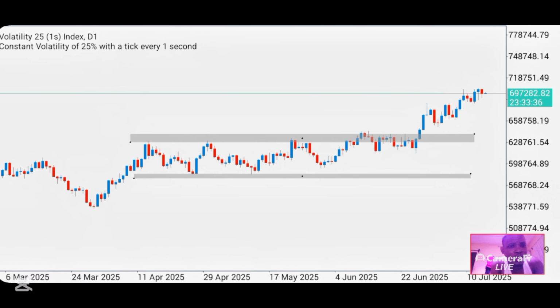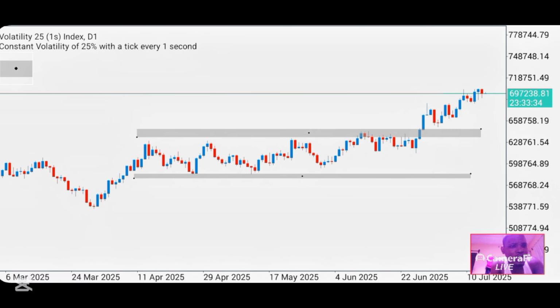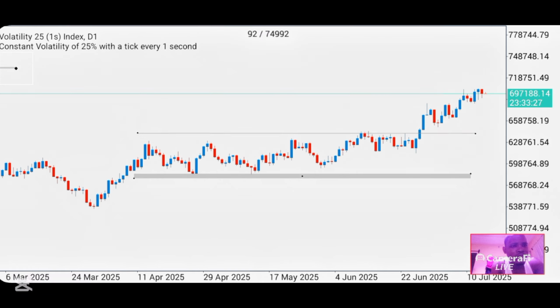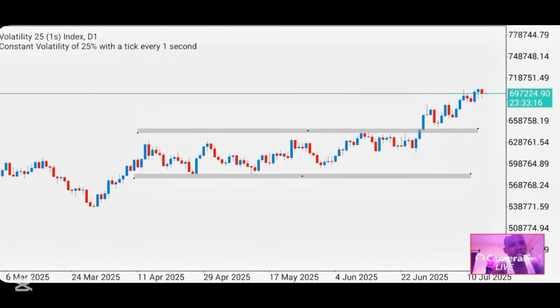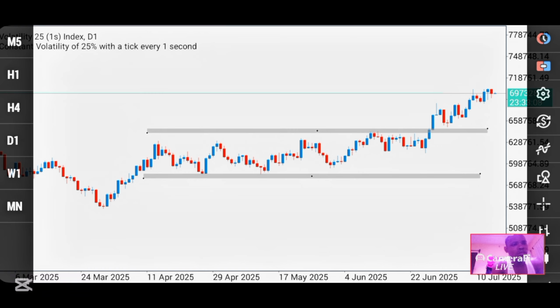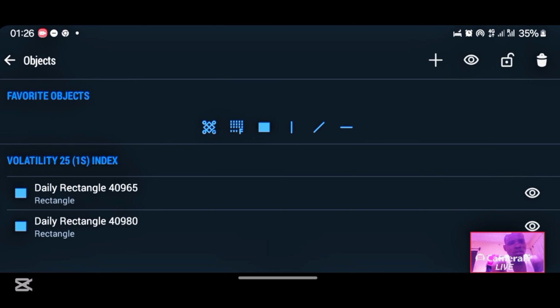So what is your support? Your supports are at the place where markets go high and low. As you can see from this point here, let me put it from this point.